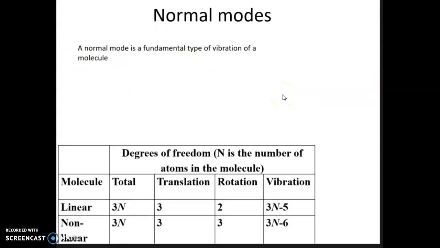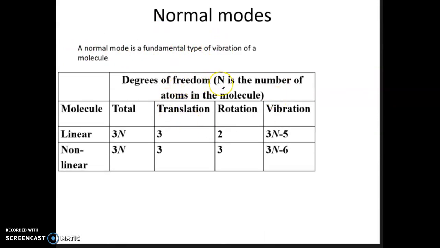So in a molecule that has n atoms, for example, benzene has 12 atoms, the total number of motional degrees of freedom, that's the ways in which the molecule can absorb energy, is 3n. 3 of these belong to translation, whether it's a linear or a non-linear molecule.